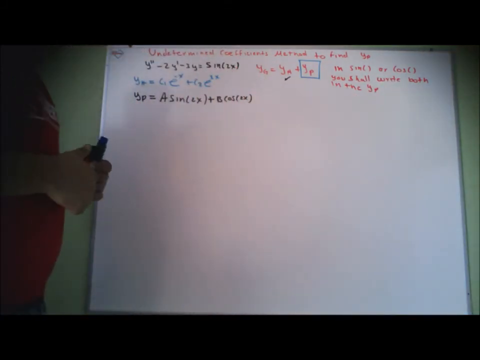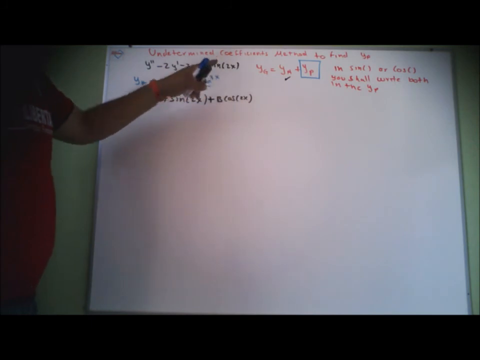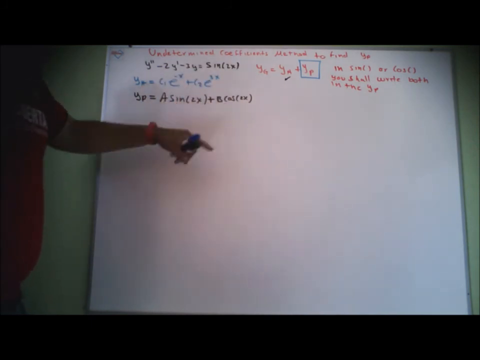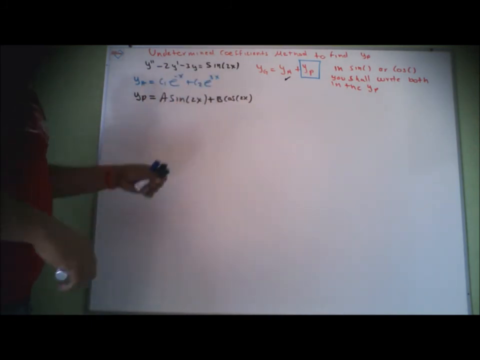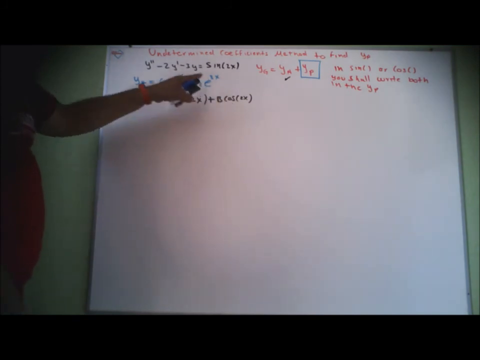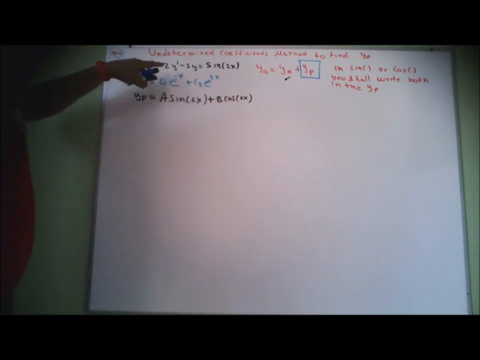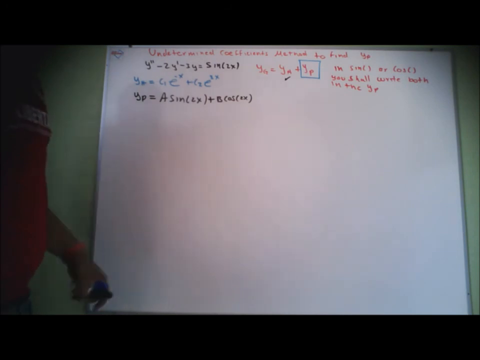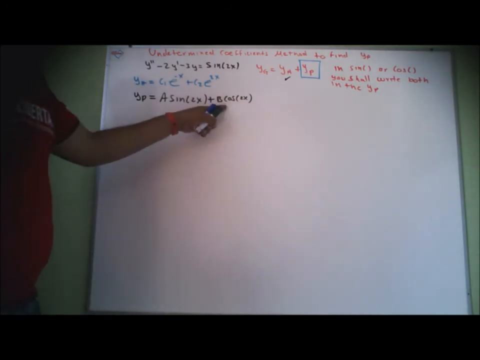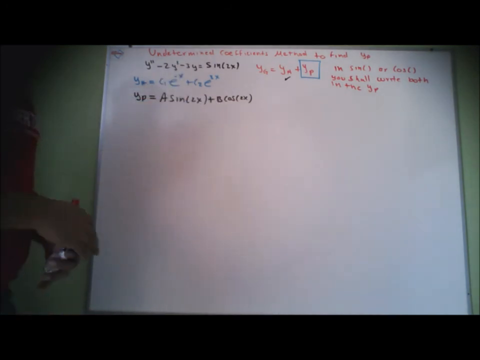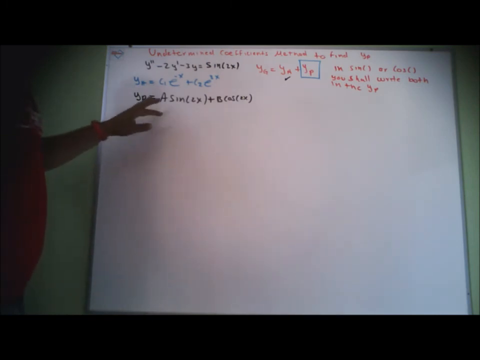Here we don't have cosine, but you have to write it. Again, the reason is the derivative of the cosine is the sine of 2x, and here we have derivatives. So it's highly possible that the cosine is also in the particular solution, and we have to propose both of them, with different coefficients, because they could be different.